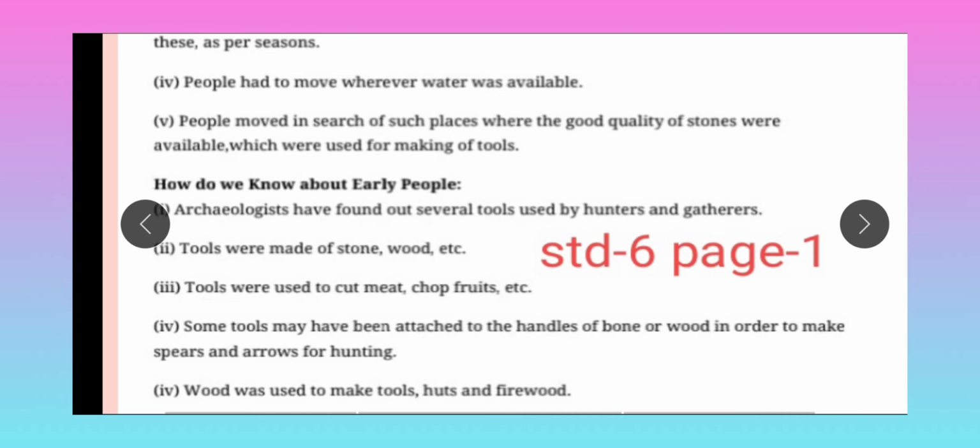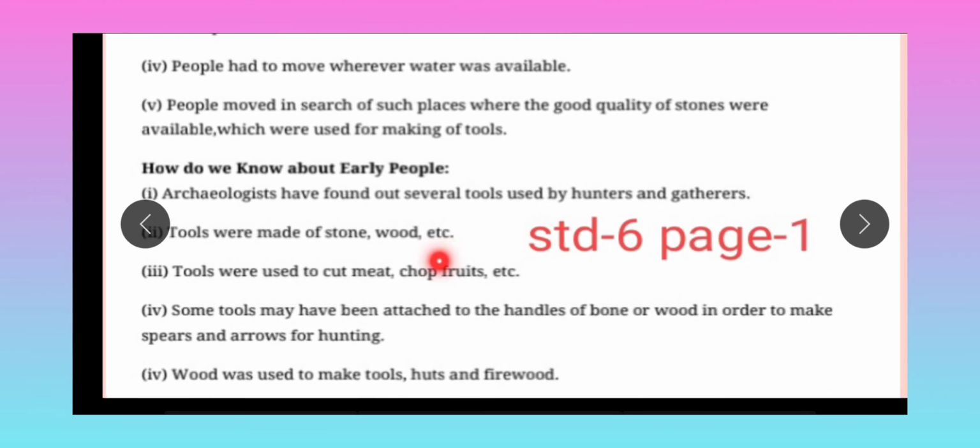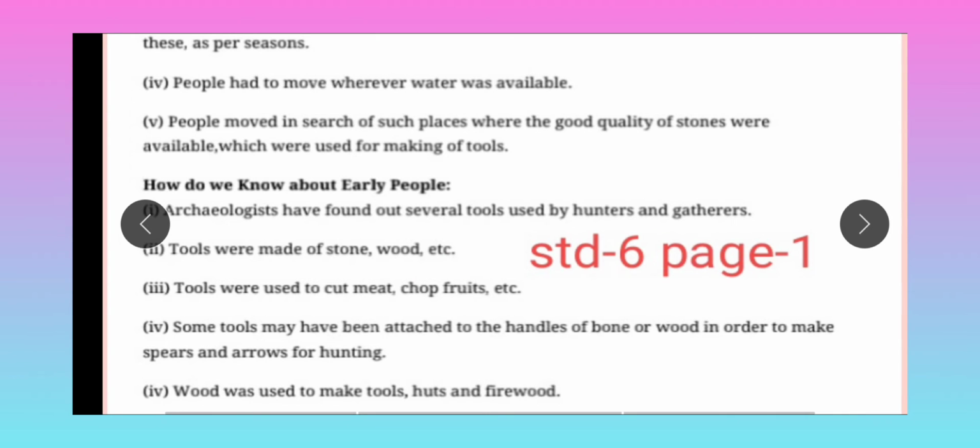Second point, tools were made of stones, wood, etc. Third one, tools were used to cut meat, chop fruit, etc. Fourth one, some tools may have been attached to handles of bones or wood in order to make spears and arrows for hunting. Okay. Fifth one, wood was used to make tools, huts and firewood.